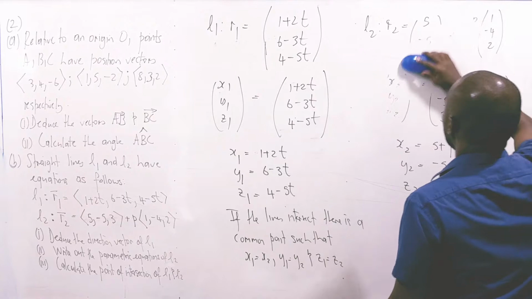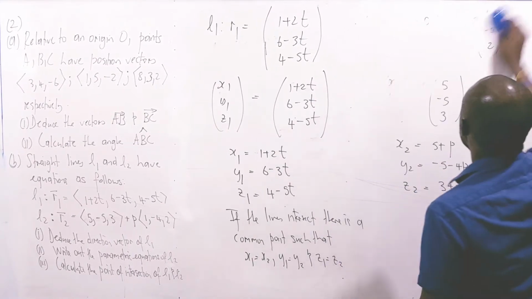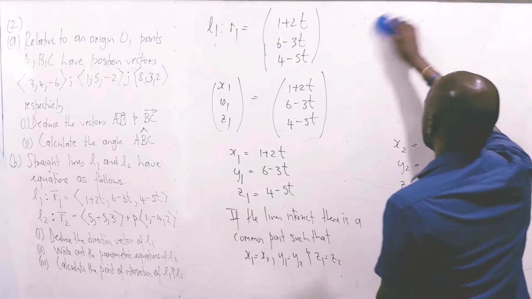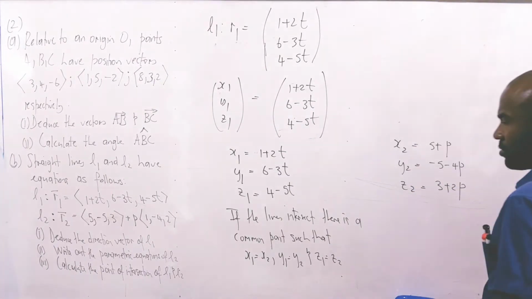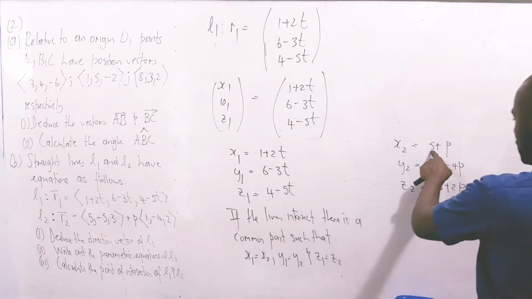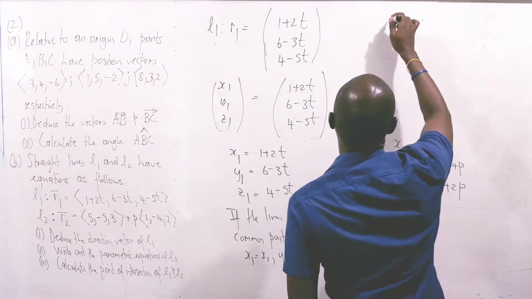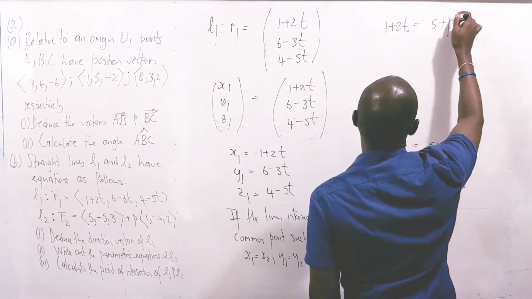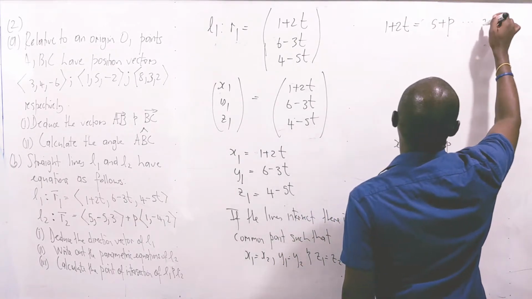So applying this, for x1, 1 plus 2t is equal to x2. So we have 1 plus 2t is equal to 5 plus p. We'll call it equation 1.